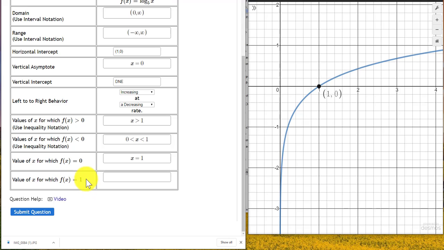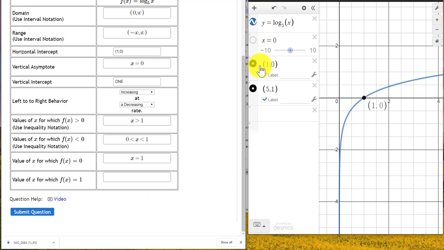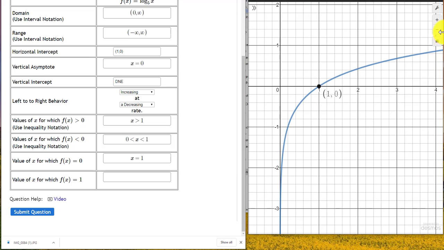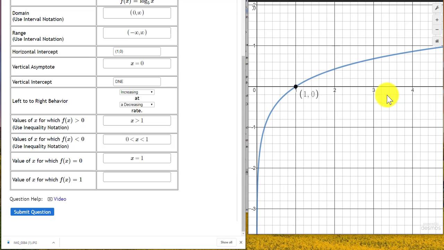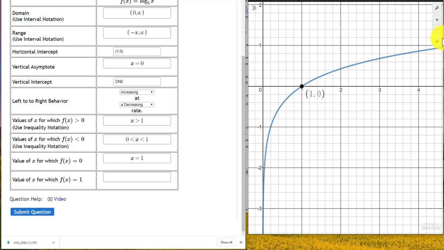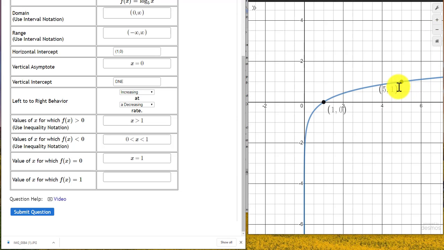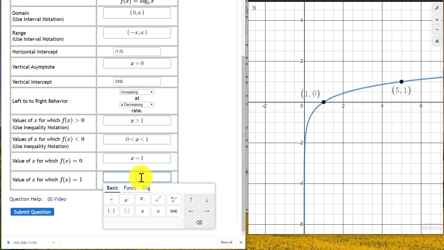So f of x equals 1, that means y equals 1. Oh wait, we already had that point up there and I took it off. No, I didn't. It's just off the screen here. I'll zoom out. There it is. Y equals 1 right here when x equals 5. So x equals 5.